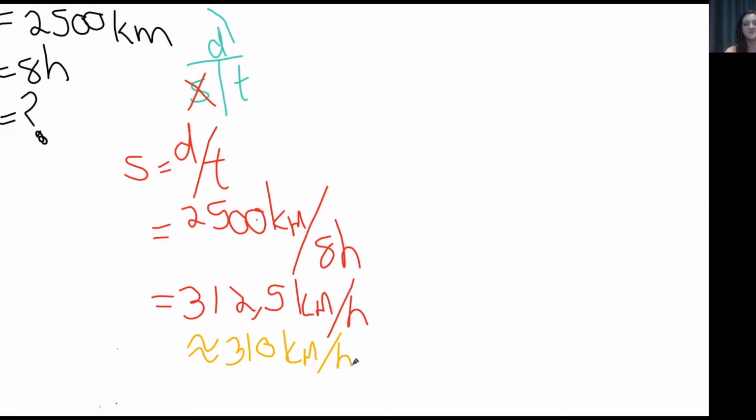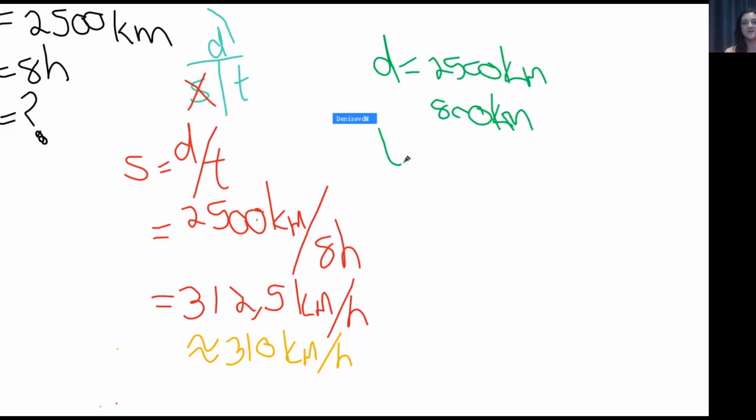In our challenge, if you remember, we had two distances. We had a distance of 2,500 kilometers and we had 800 kilometers. All right, and our time stayed the same at 8 hours, and we are still looking for S, which is speed.